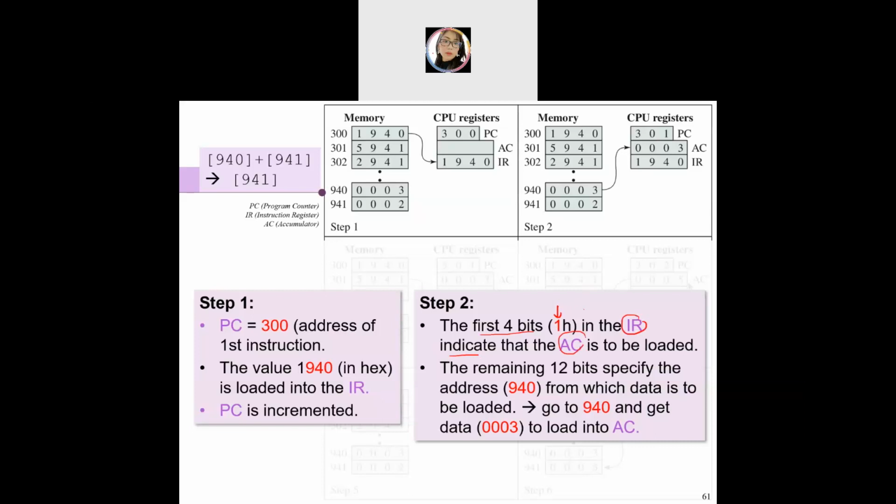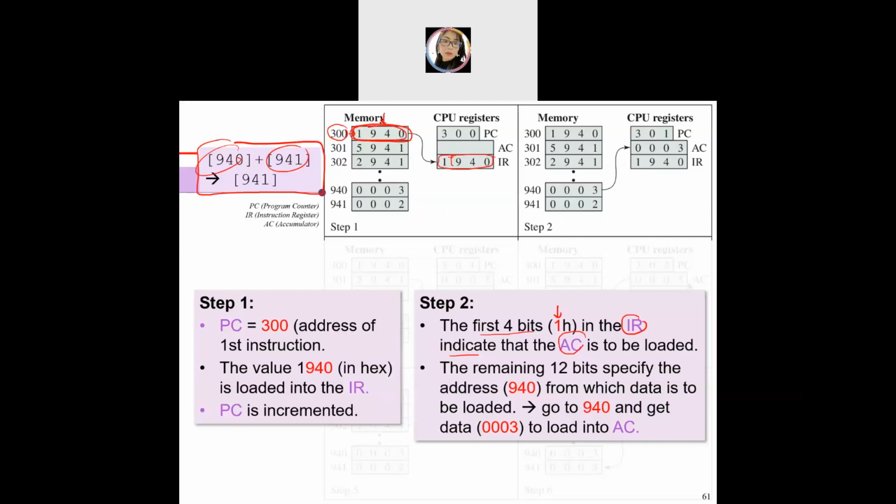So where are you going to take it from? You first have the address, look into the memory data inside, copy the value and put it into your IR.